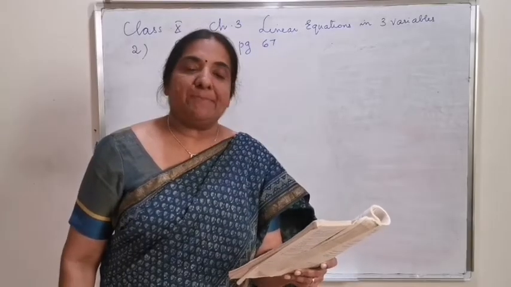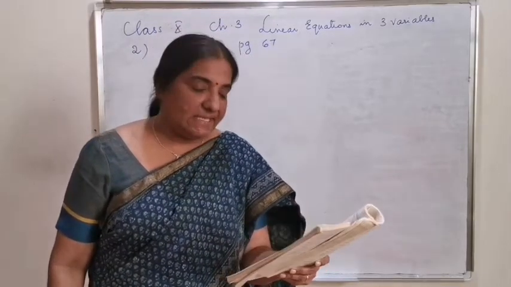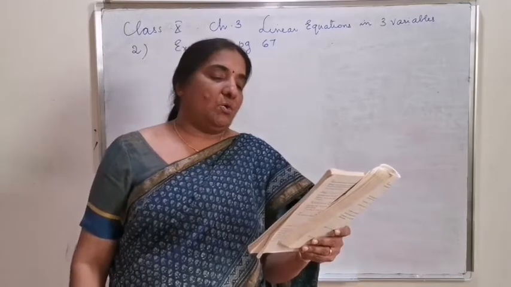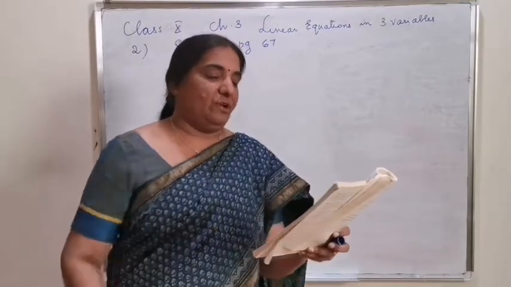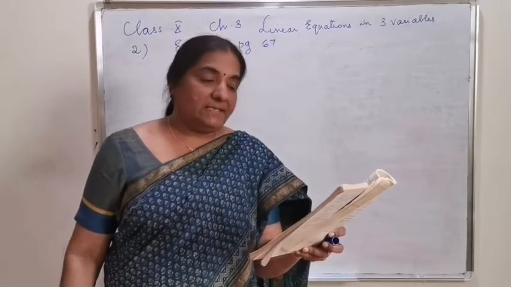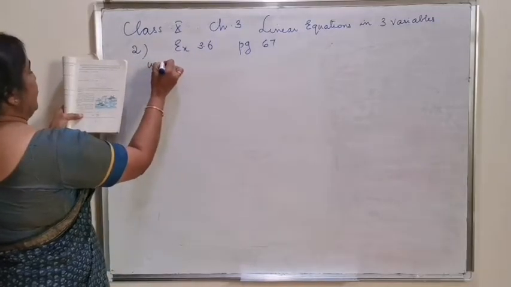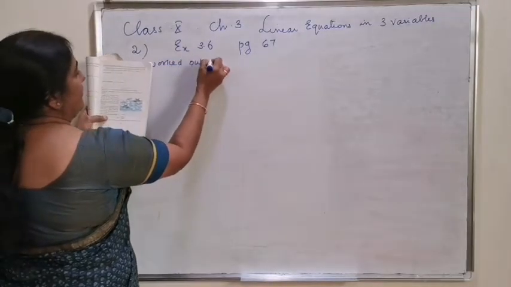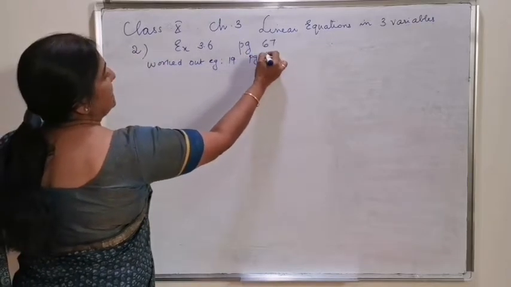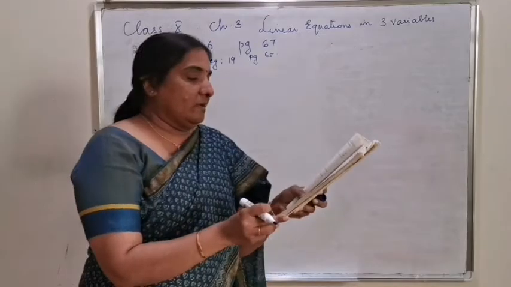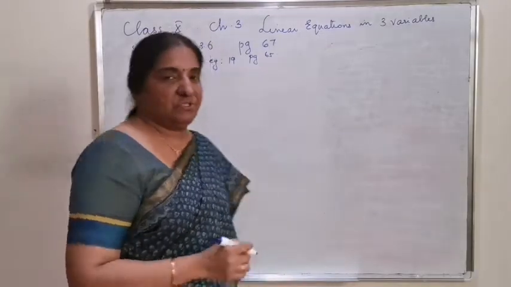A worked out example in page number 65, example 19. A boat goes 30 km upstream and 44 km downstream in 10 hours. It's a worked out example, 19, page 65. 30 km upstream and 44 km downstream.